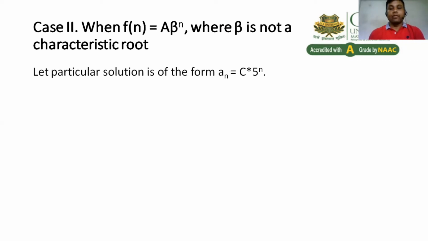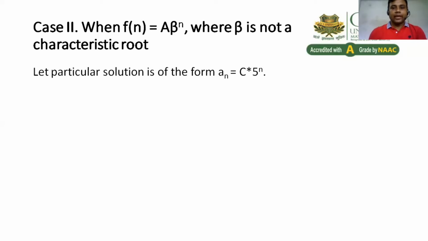As I have told you, whenever we are solving any non-homogeneous recurrence relation, we have to find its homogeneous solution as well as its particular solution. In order to find the particular solution, we assume that it is of the form c into 5 to power n, where c is any constant.